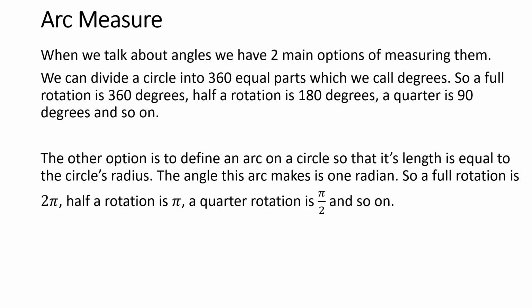The angle that this arc makes is 1 radian. So a full rotation is 2 pi, half a rotation is pi, and a quarter rotation is pi over 2. So, for example, 30 degrees would be pi over 6.